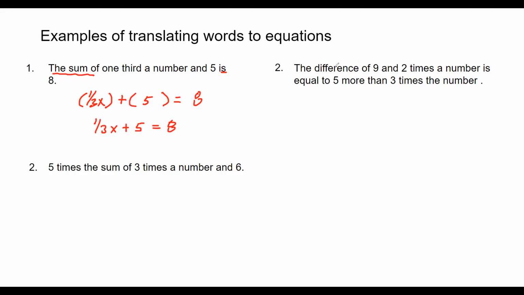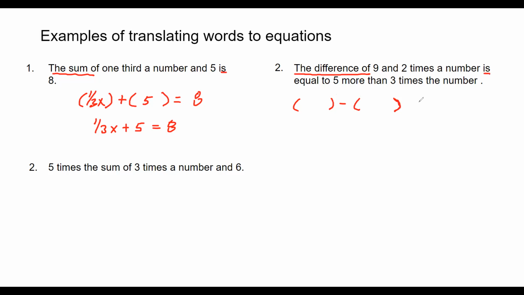Moving on to number 2, the difference of. That kind of works the same way as sum. That's why I included these examples. We are going to subtract 2 things. I'm not going to worry about what that is yet. I'm going to keep going.